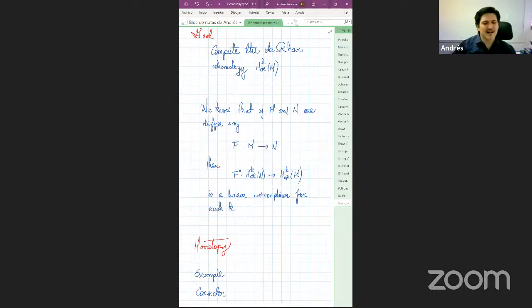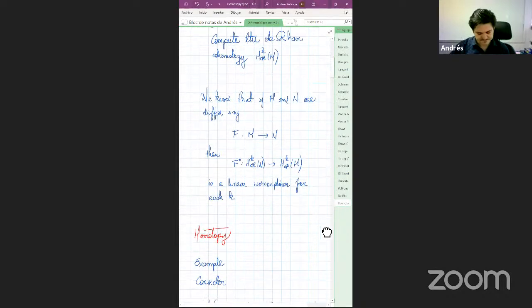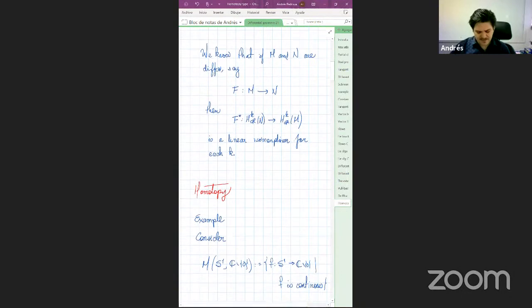So I'm going to explain roughly the idea behind homotopy. And I'm going to do it in a special case that you have already studied in complex analysis or calculus 4, complex calculus. So I'm going to look at this set of maps between the circle and R2 minus the origin.